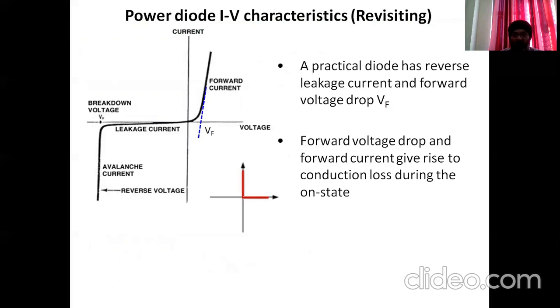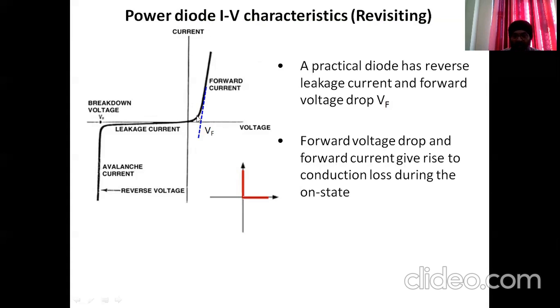Okay, now the IV characteristics, current-voltage characteristics, of the power diode, which are similar to the signal diode. The only thing is that the threshold voltage here is much larger compared to the signal diode. In signal diodes, we have about 0.6 to 0.7 volts of threshold in silicon diodes. In this case, the threshold voltage comes out to be about 2 to 3 volts, a much larger value.